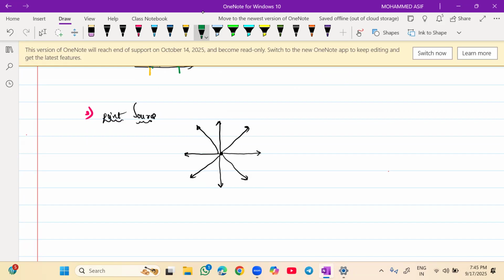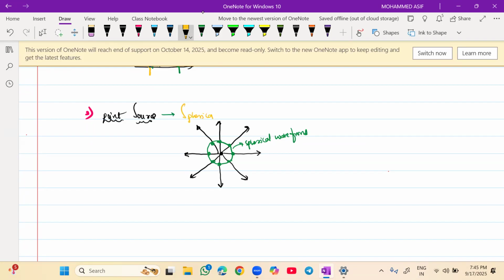So if I take the locus of the points, one point here, here, here, here, and attach all of them, see what type of wavefront we are getting, beta? Spherical wavefront. The point source is giving me a spherical wavefront.